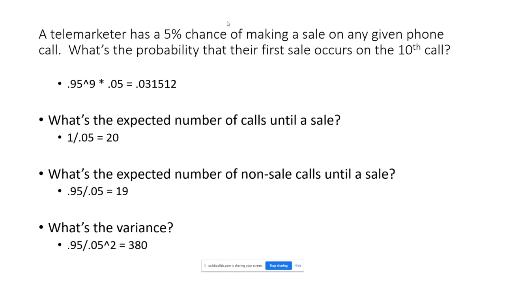So when we average those out across many different days, we have a lot of variability from the expected number, 20 or 19, depending on what we're measuring. We have a lot of horizontal variability around that central value for what could occur. So we end up with a large variance for the geometric distribution.